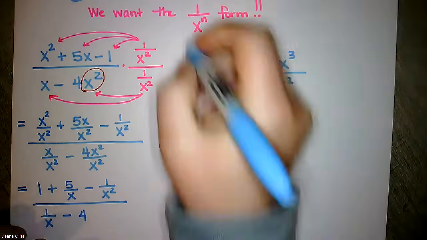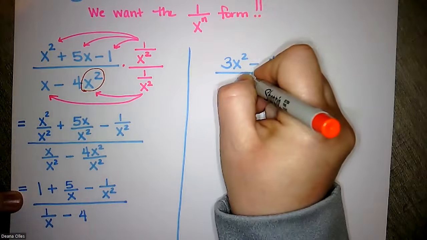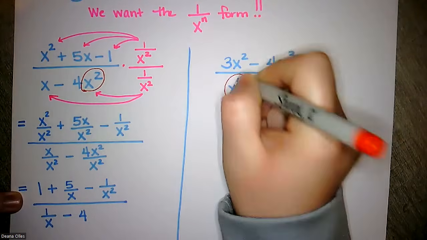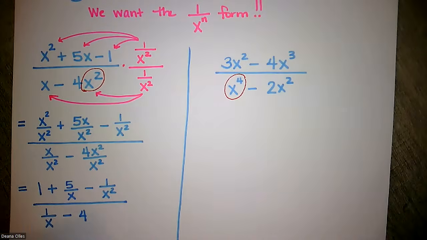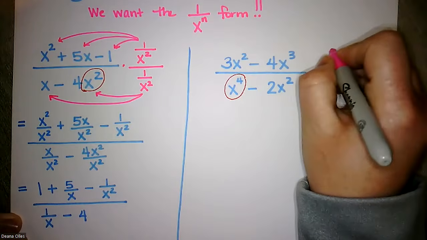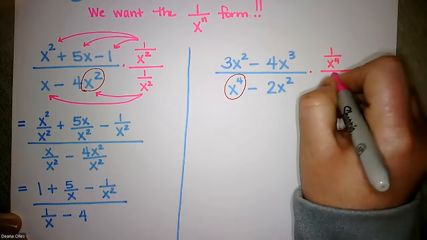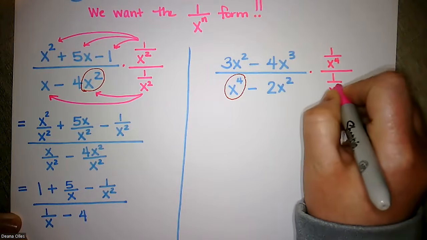All right, so let's go ahead and take a look at this second example over here. And I'm looking for the highest power of x in my denominator. And I see x to the 4th. Okay, so I am going to multiply my numerator and denominator by 1 over x to the 4th divided by 1 over x to the 4th.